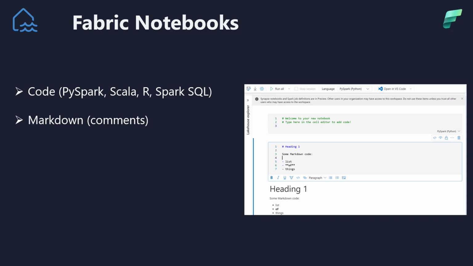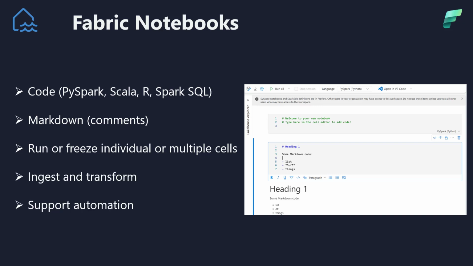Next, notebooks allow for writing comments using the Markdown feature, which significantly increases the value of the entire code writing process. In addition, you may also run or freeze individual or multiple cells within the notebook. Fabric notebooks can be easily created in many parts of the Fabric platform. Unlike manual uploads, notebooks provide automation, ensuring a smooth and systematic approach.